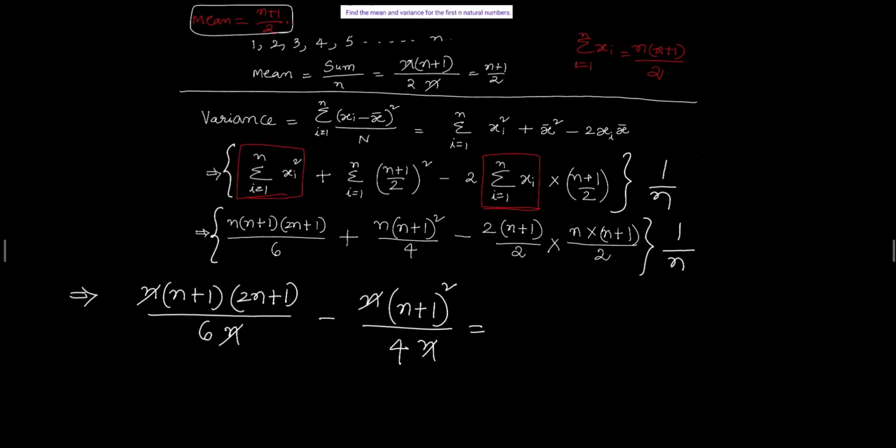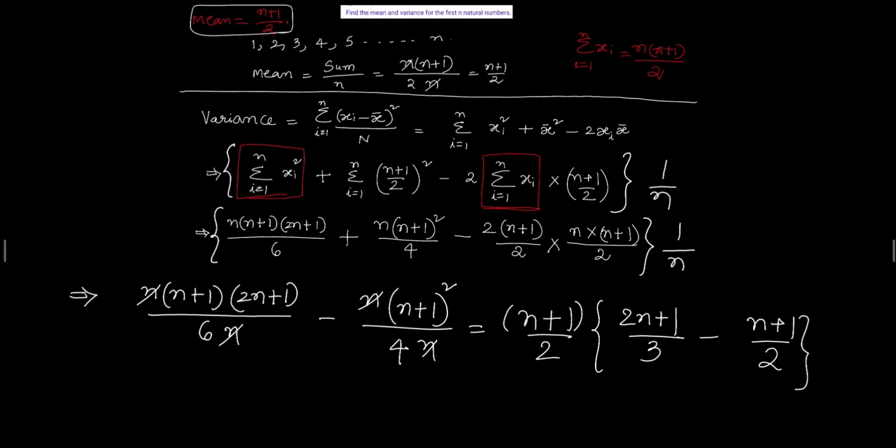So left out, what we can take common here is n plus 1 by 2. So I will write down n plus 1 by 2, and then we have 2n plus 1 by 3 minus n plus 1 by 2 is gone. We have one more n plus 1 by 2.